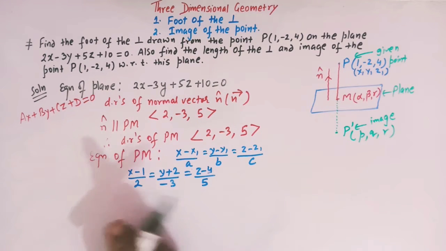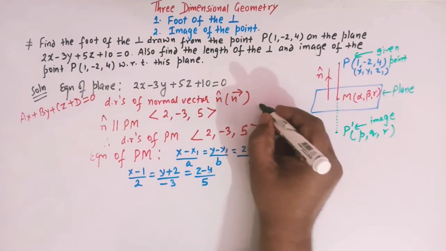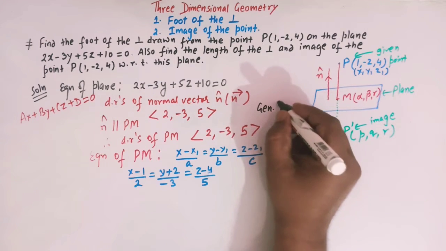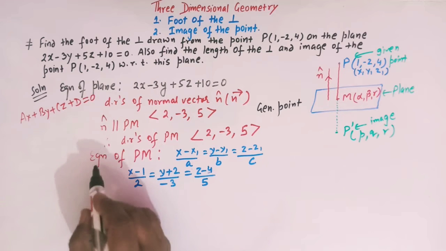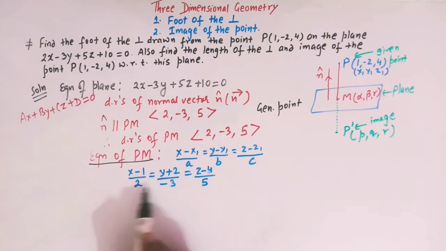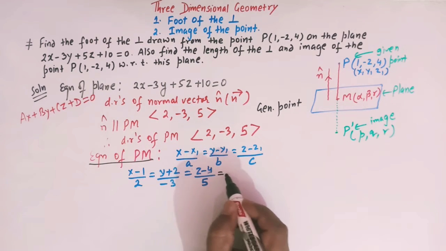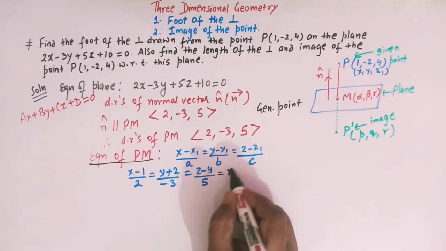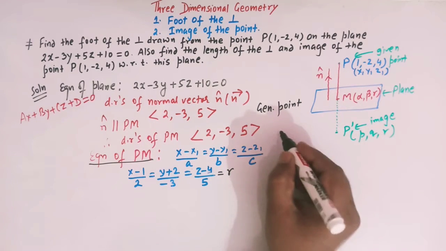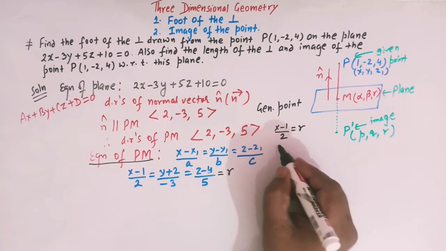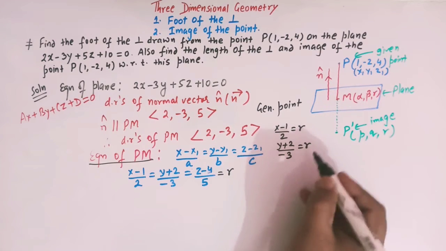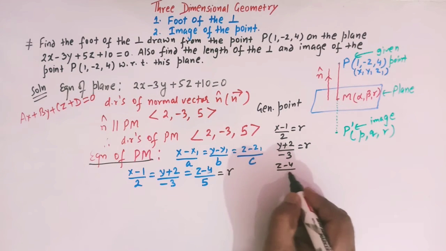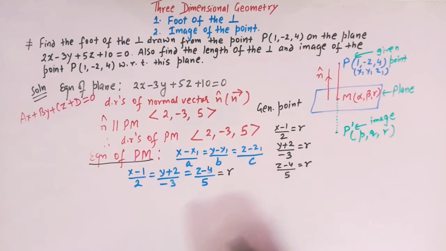Now viewers, let us apply the concept of general point, right? Now see, the equation of PM is given by this equation, right? So if we take a scalar r here, then we can have the equations (x minus 1) over 2 is equal to r, (y plus 2) over minus 3 is equal to r, and (z minus 4) over 5 is equal to r, right?